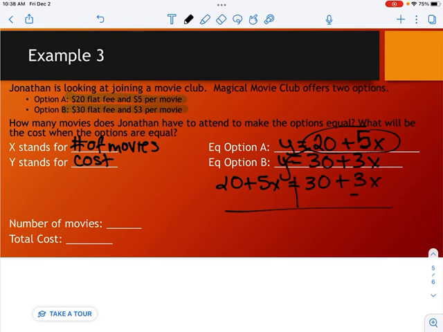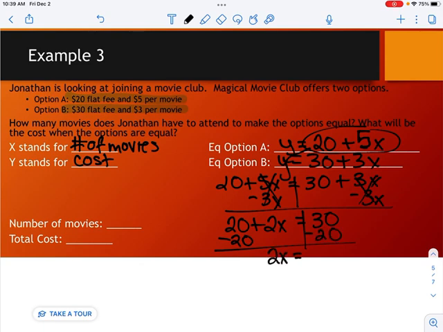I now get my x's to the same side, so I subtract 3x from both. That gets me 2x over here. That cancels. So I have 20 plus 2x equals 30. At this point, I'm going to subtract 20 from both, so I get 2x equals 10. Divide by 2, x equals 5.